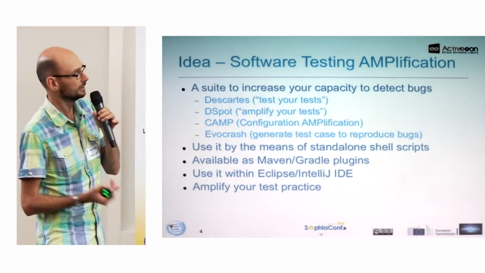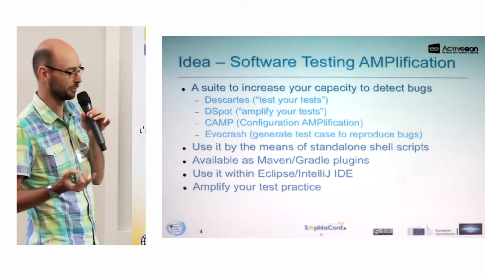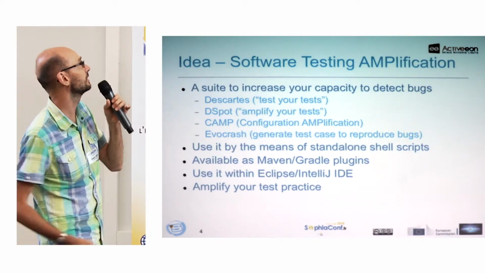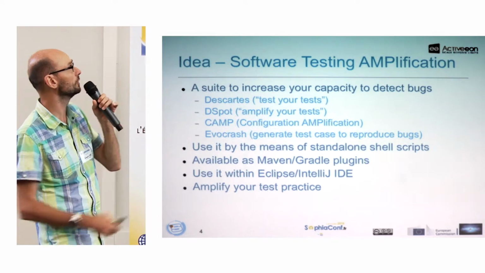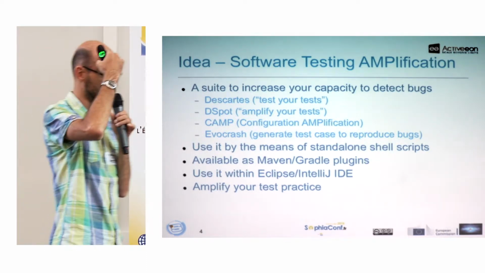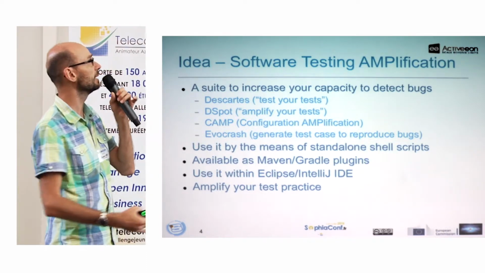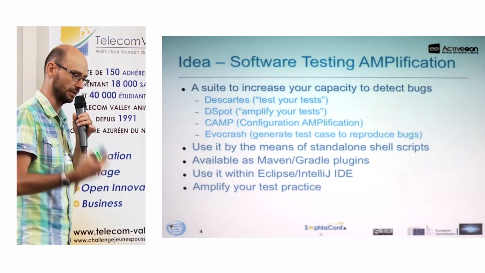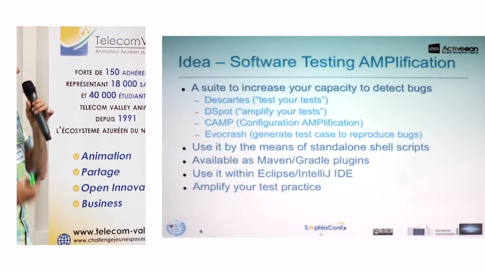That's one issue. If you don't already have unit tests, you cannot apply tools like DSpot. Other tools, you don't need them. For CAMP, for instance, you automatically produce configuration amplification, and we start here with Docker files and Docker Compose files.